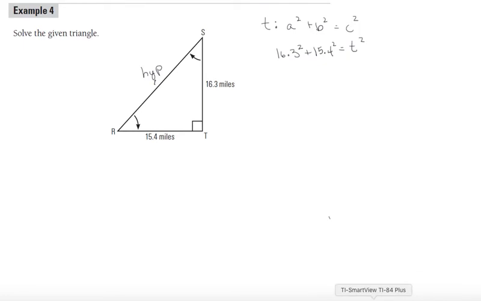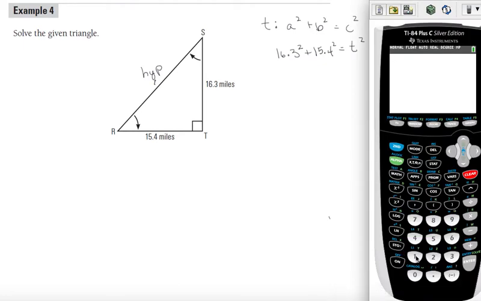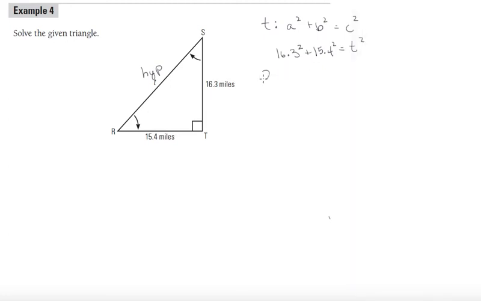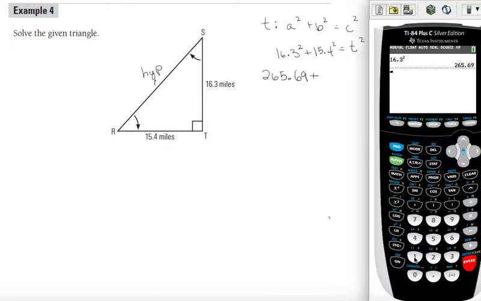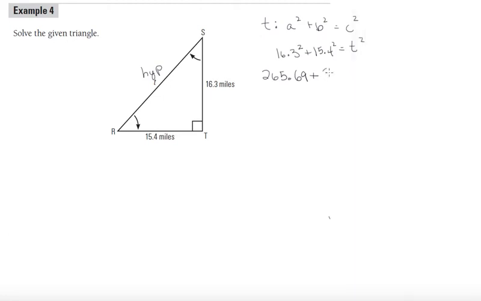So let's figure out what these numbers are. 16.3 squared is 265.69. So 265.69 plus 15.4 squared. That's 237.16.